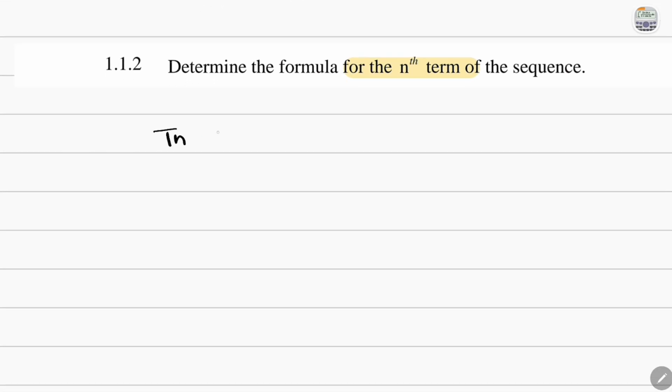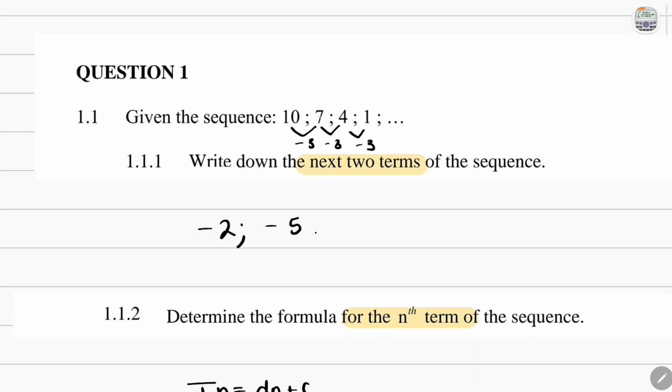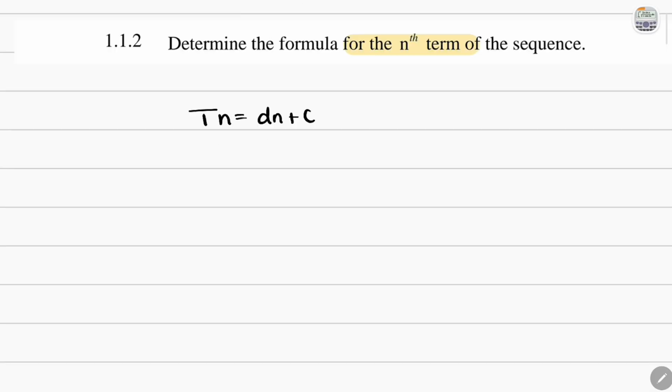So you can use the method Tn equals a plus n minus 1 times d. This formula is mostly used in grade 12. If you weren't using that, you could just use Tn equals dn plus c. Here d stands for the constant difference, which we can see is negative 3. If you say 7 minus 10, you get negative 3. So that is what we add to get to the next term.